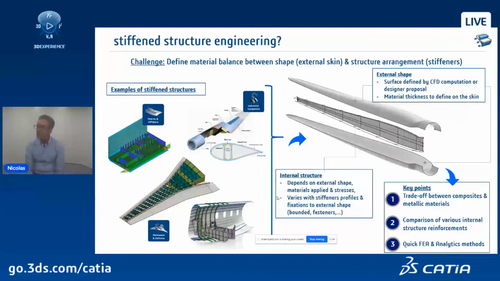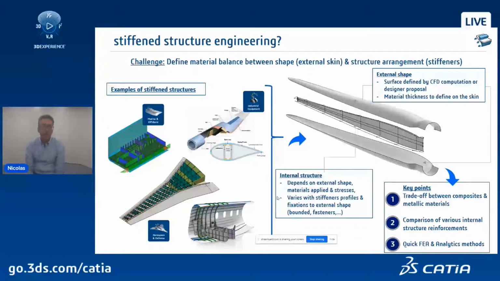So basically here, the goal of this tool is to find the best balance between the external shape you need to respect, and what could be the way to reinforce this structure by playing on the materials, playing on the thicknesses, and the stiffeners properties.